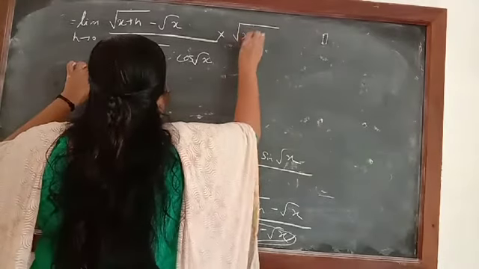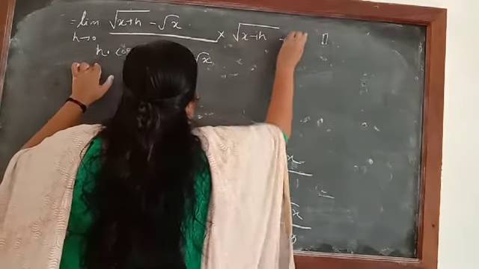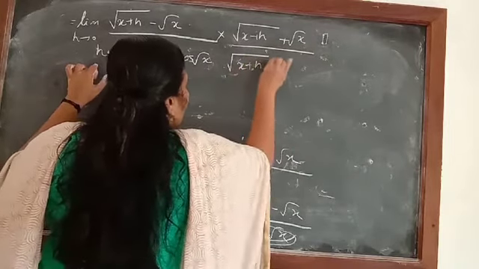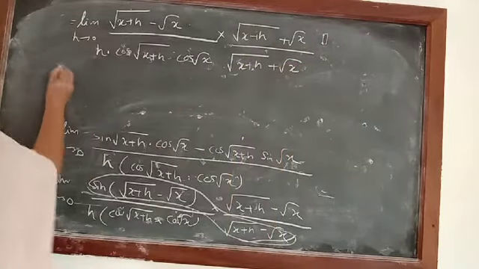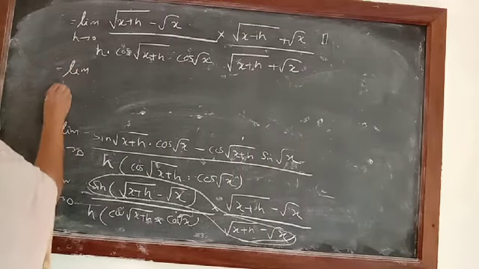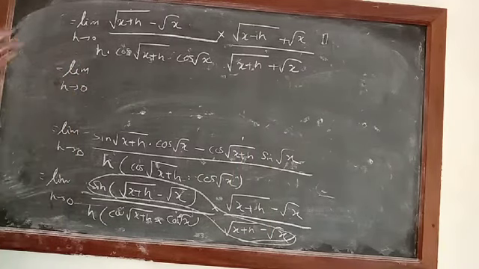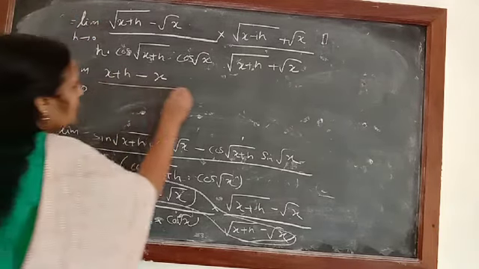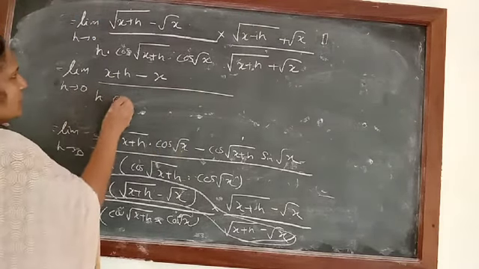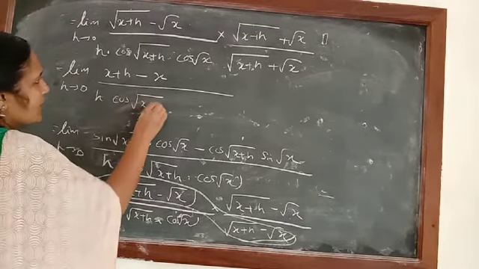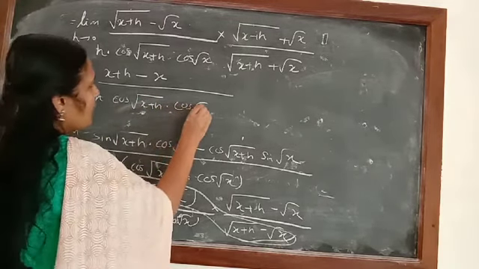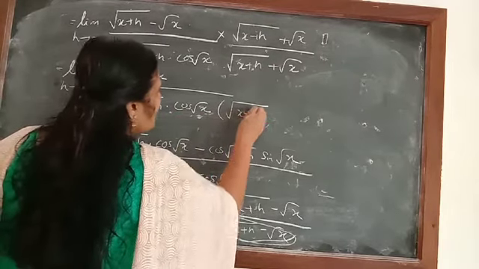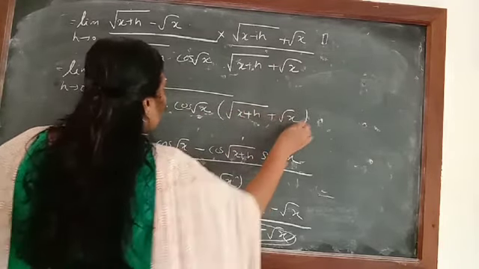Then it will be root x plus h plus root x by root x plus h plus root x. So our expression will be equal to limit h tends to 0, x plus h minus x whole divided by h into cos root x plus h into cos root x into this remaining expression, root x plus h plus root x.